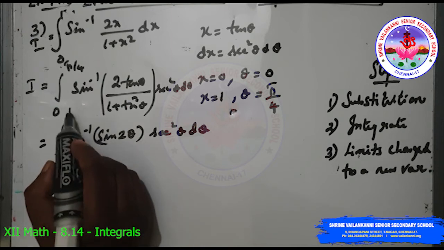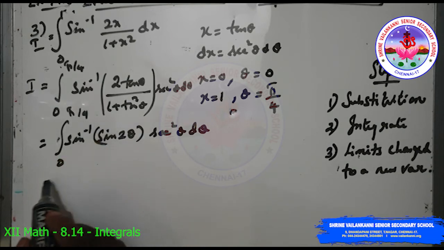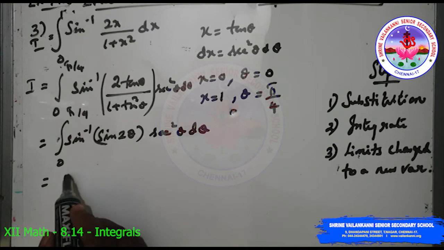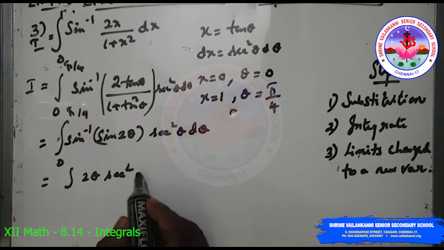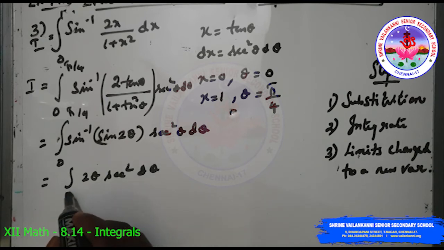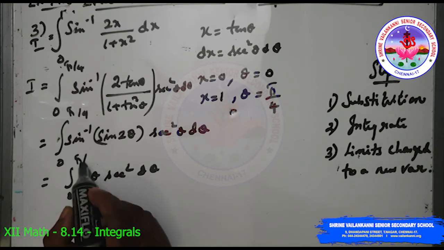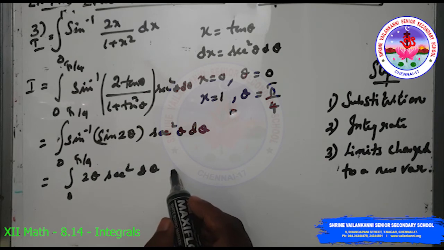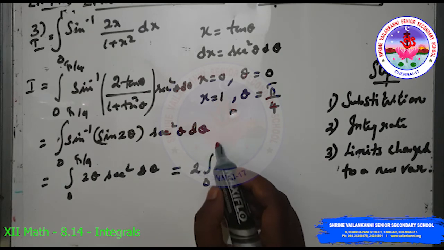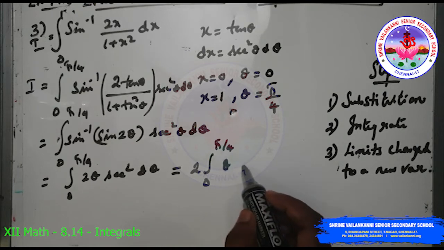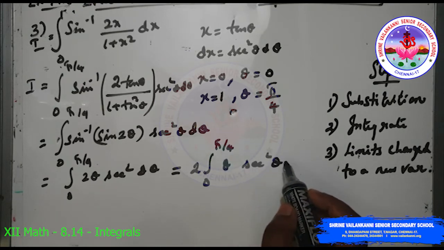So sine inverse of sine 2 theta is 2 theta, times secant square theta d theta, the limit is 0 to pi by 4. Then taking 2 common, integral of 0 to pi by 4 theta into secant square theta d theta.